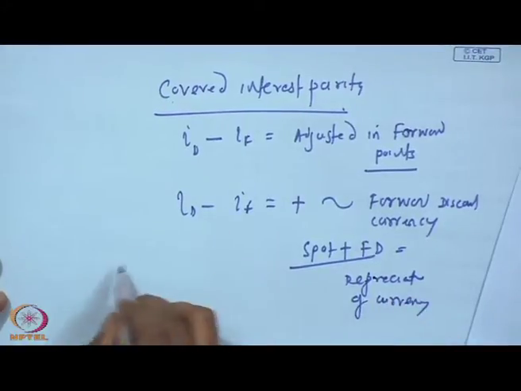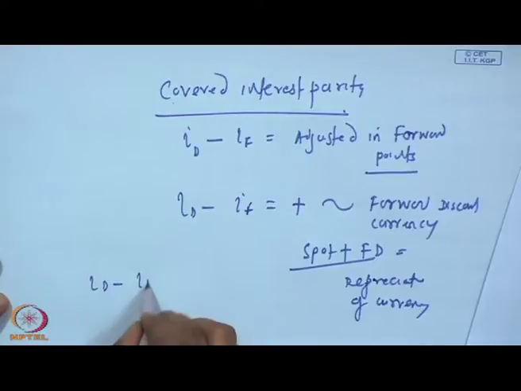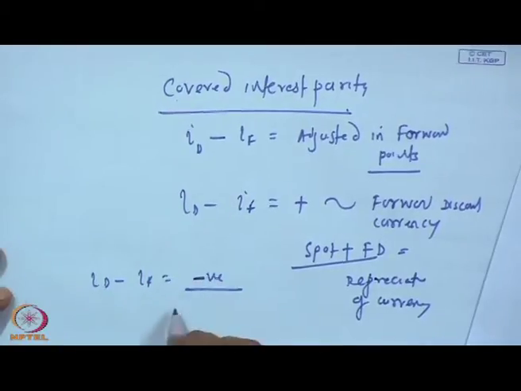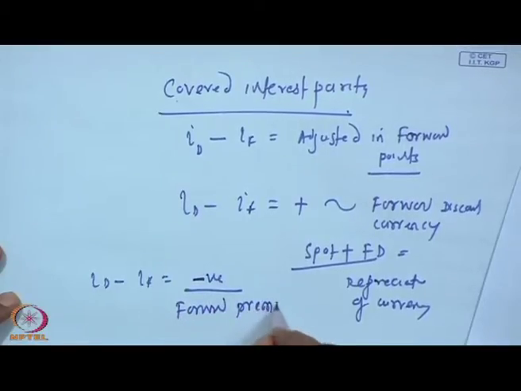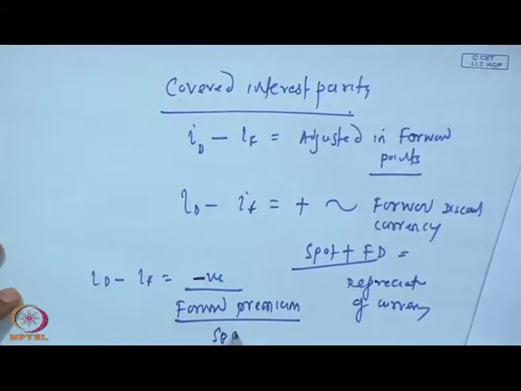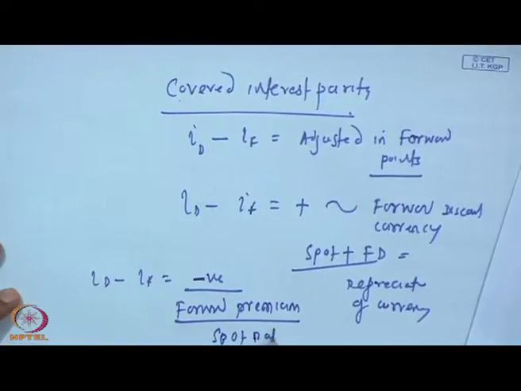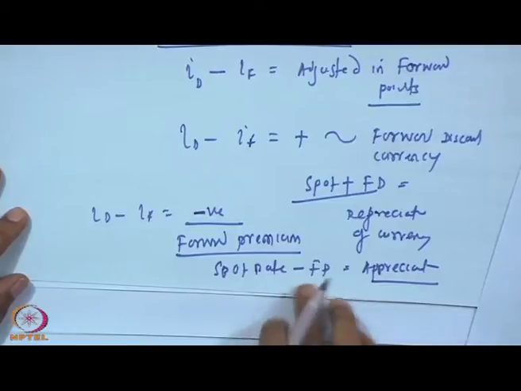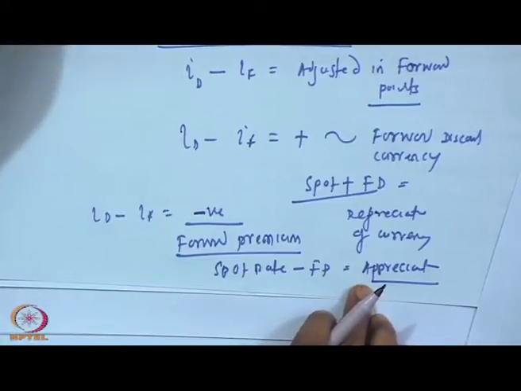And if domestic minus foreign is negative, then it is a forward premium currency, and spot rate minus the forward premium will lead to appreciation of currency. That is, forward premium leads to appreciation of currency.